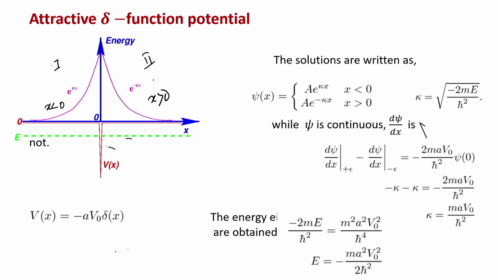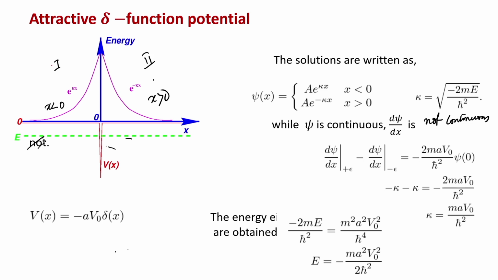For x less than 0 the solution is A exponential kappa x, and for x greater than 0 it is A exponential minus kappa x, where kappa is given by the root over minus 2mE by h cross square. Of course, it is mod E that is used here. Psi is continuous, but d psi dx is not continuous.